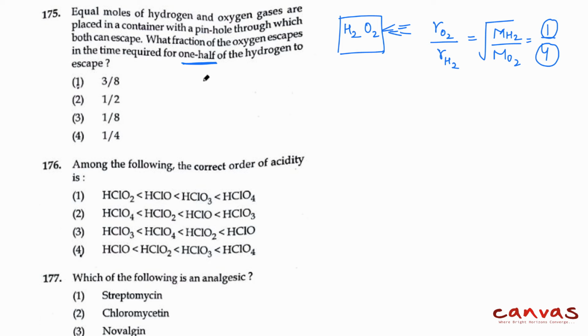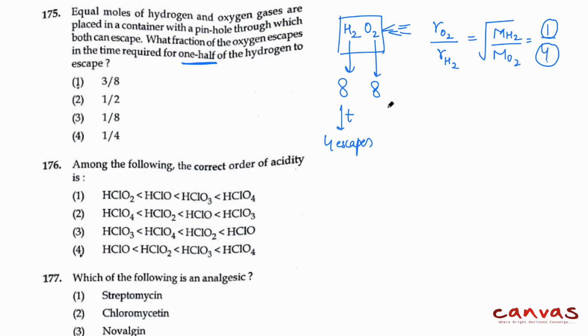Because they have asked for half of the hydrogen, suppose 4 escapes in a particular time, so let us take 8 parts hydrogen and 8 parts oxygen. After some time t, 4 escapes, so we are left with only 4 parts.